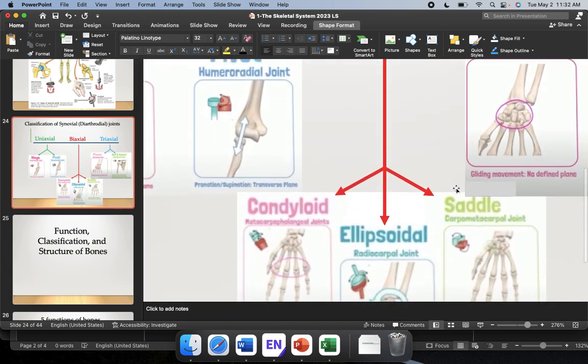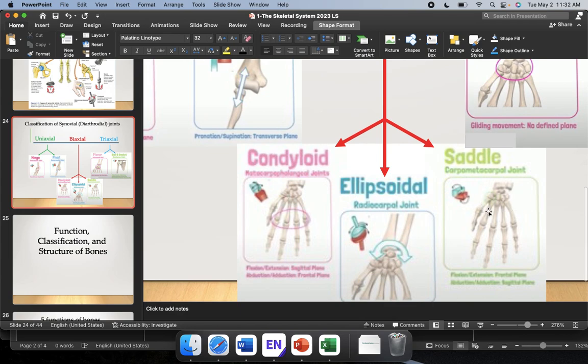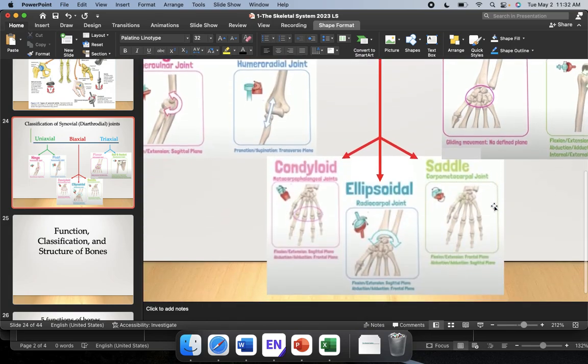Let's zoom in so you can see. It's faintly outlined here. Again, movements are flexion and extension in the frontal plane and abduction and adduction in our sagittal plane. Another example of a saddle joint is going to be our, well, I'll skip that for now. We'll come back to that in class.